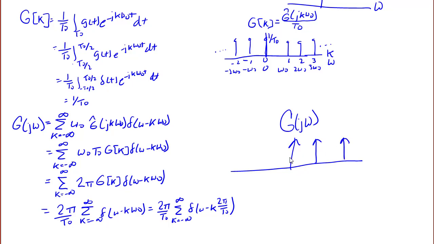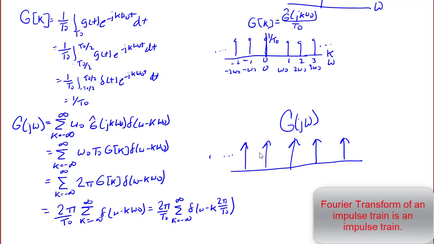So actually, the Fourier transform of an impulse train is an impulse train. And the impulses are located at 0, 2 pi over t naught, 4 pi over t naught, negative 2 pi over t naught, negative 4 pi over t naught, and so on. And the area under each of these impulses is 2 pi over t naught.